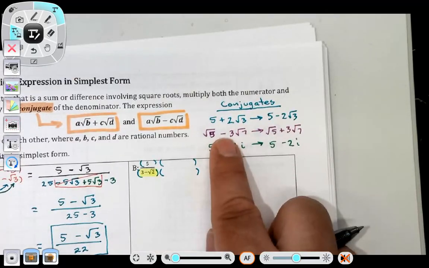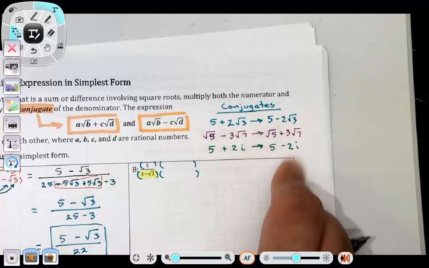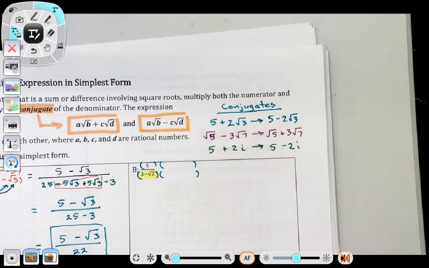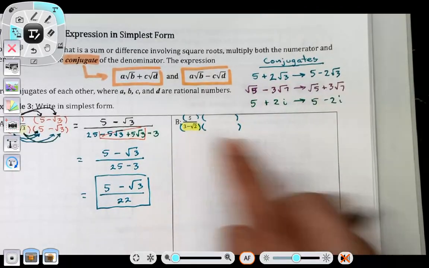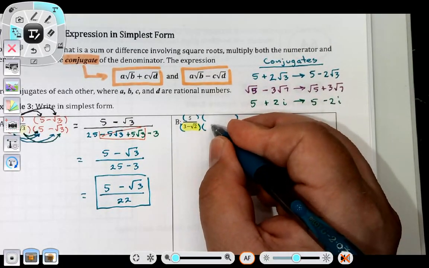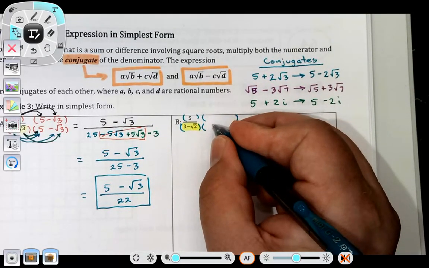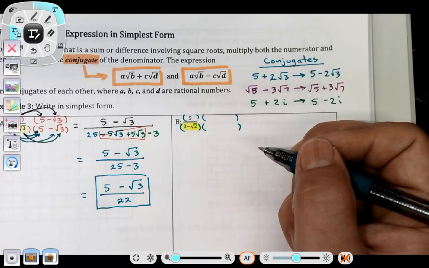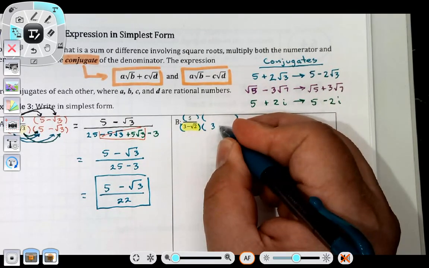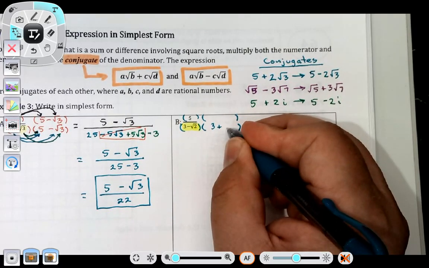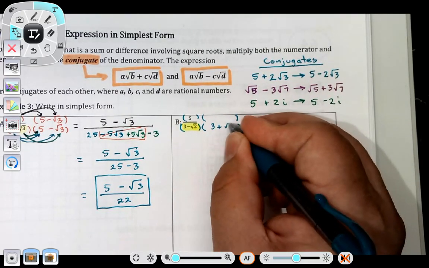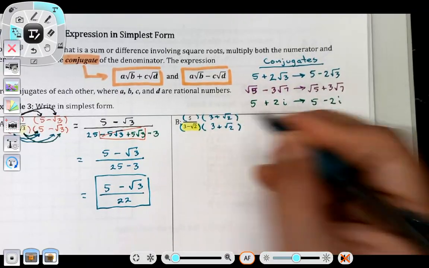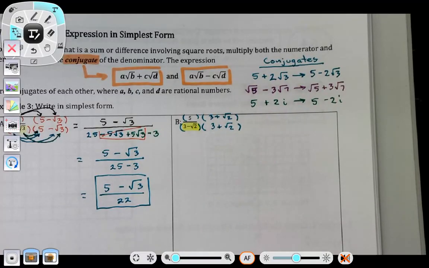Do you notice the pattern here? I didn't change any of my numbers. What's the only thing that has to change? The symbol. So if this says 3 minus radical 2, then what's my conjugate? Yeah, 3 plus radical 2. That's it. We just changed the sign in the middle. But now my multiplication can take place.